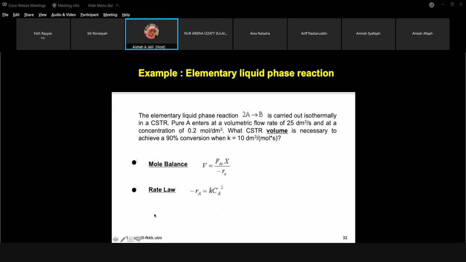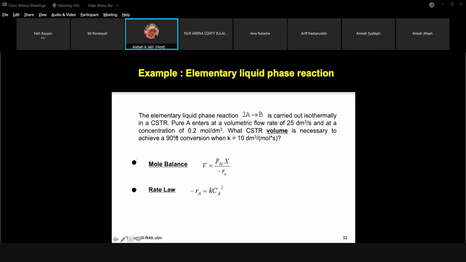This is another example: an elementary liquid phase reaction A to B is carried out isothermally in a CSTR. A enters at a volumetric flow rate of 25 and at a concentration of 0.2.